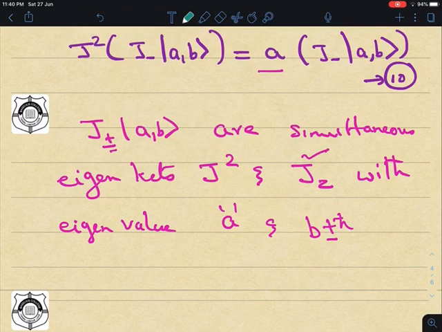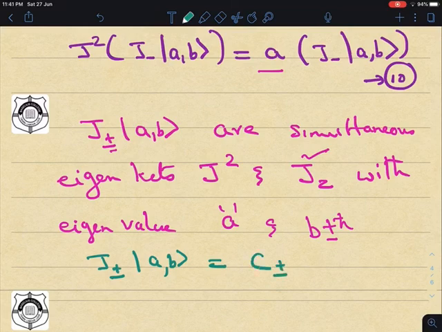Therefore we may write J plus or minus ket ab is equal to some proportionality constant C plus or minus times the eigenket a, b plus or minus h cross.